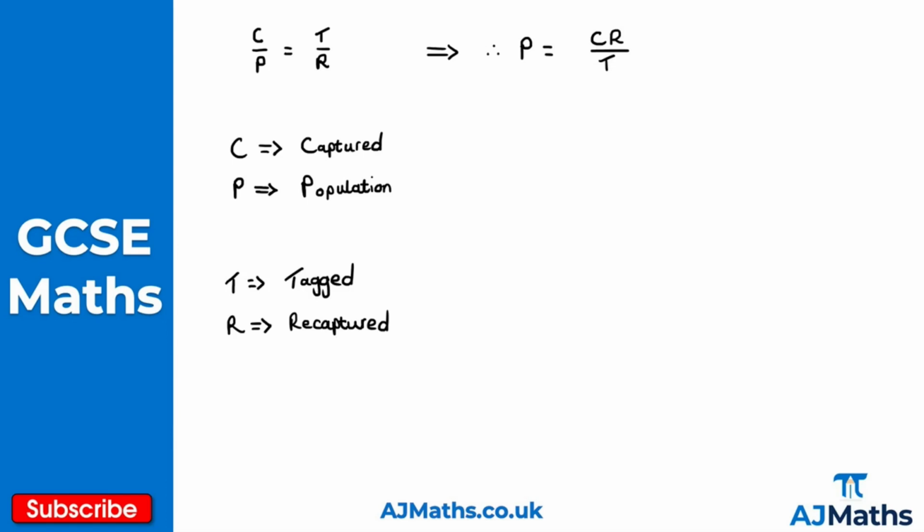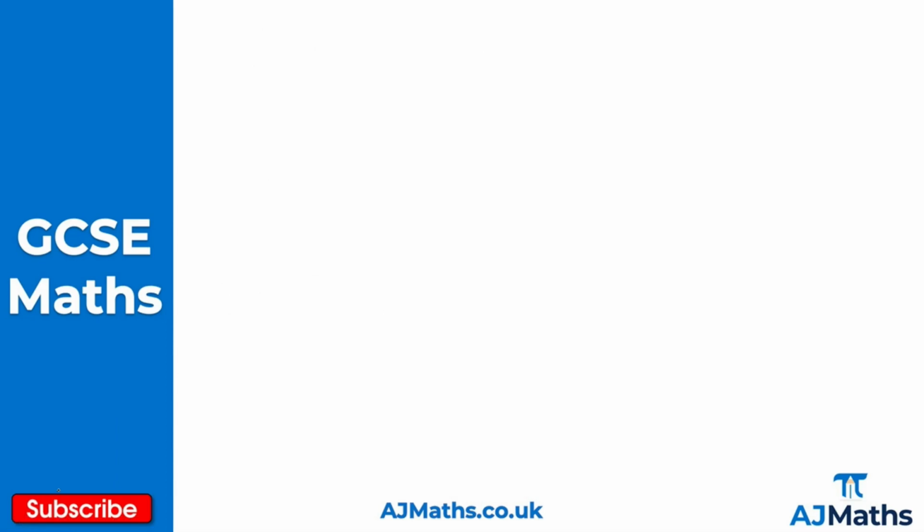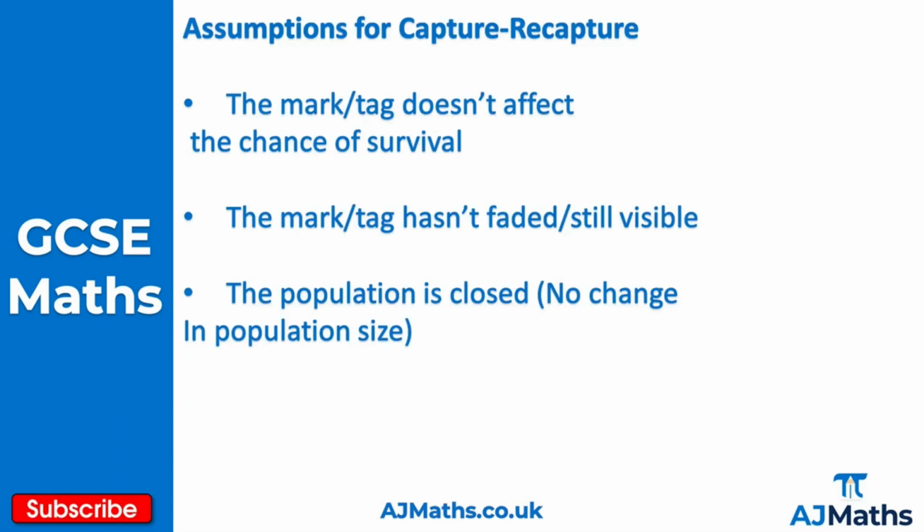But before we do that, we need to be aware of the assumptions that we work with for capture recapture. There are three main assumptions, so I'm going to quickly run through each one. My first assumption is that the mark or tag doesn't affect the chance of survival.